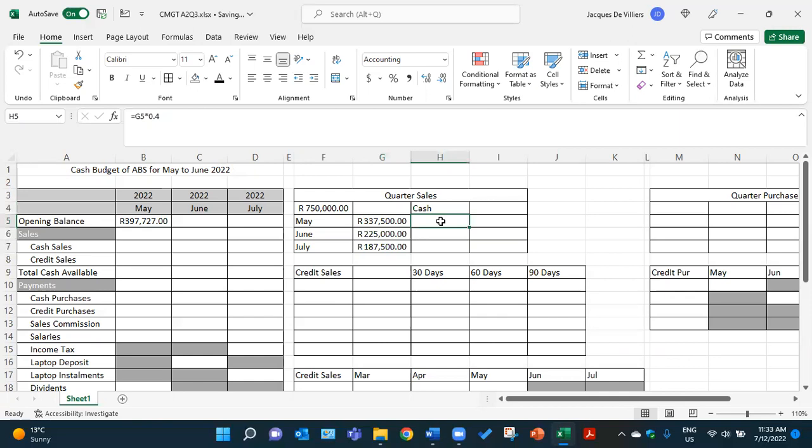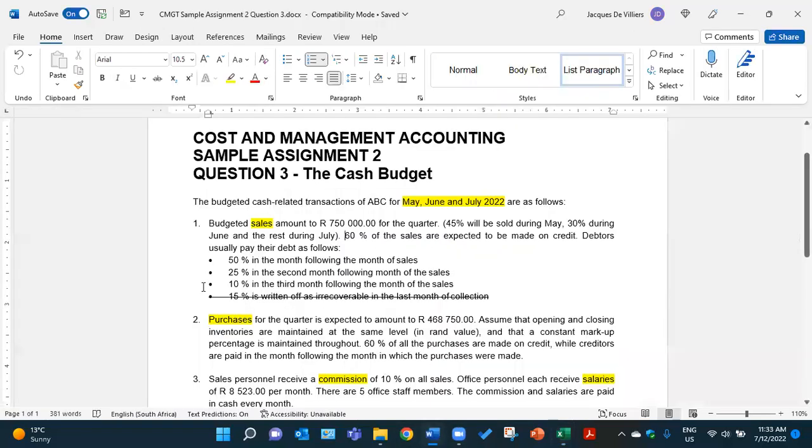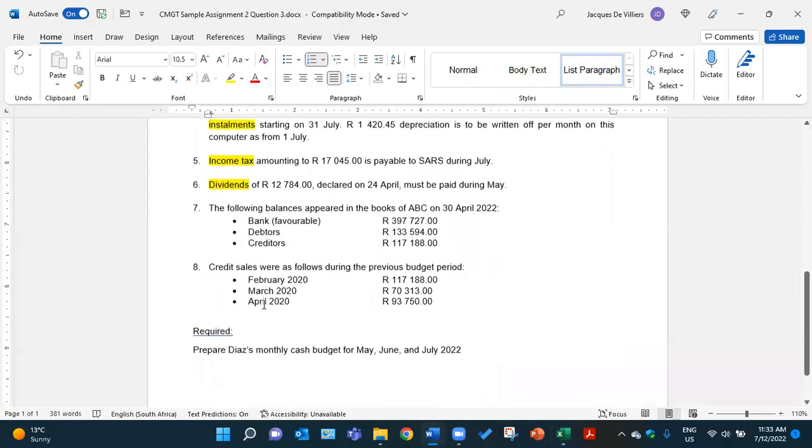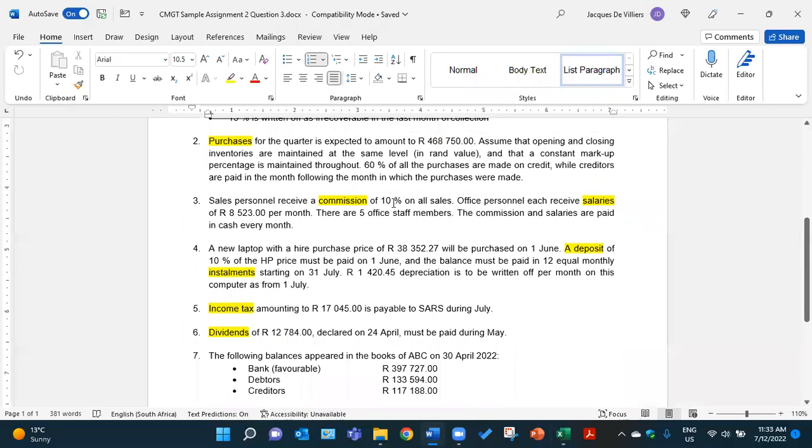And what I know is that of this, 40% rather is in cash. So I can take those amounts, I can multiply it with 0.4, and I get my cash. There's also something else that is based on our sales, and that's the sales commission. Okay, and we are told, just want to show you here, that when we look at the sales commission, it tells us that they get 10% on all sales, regardless of when we actually collect them.